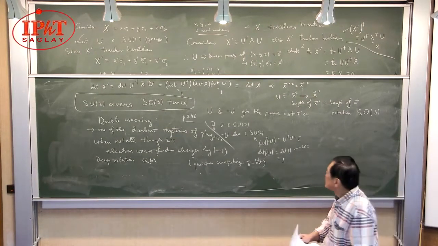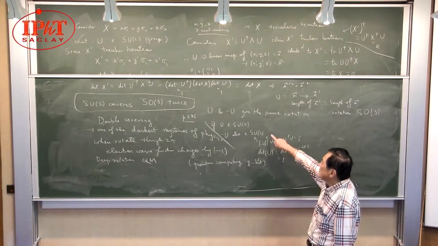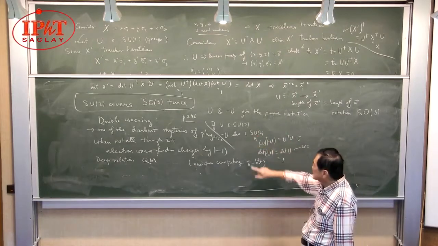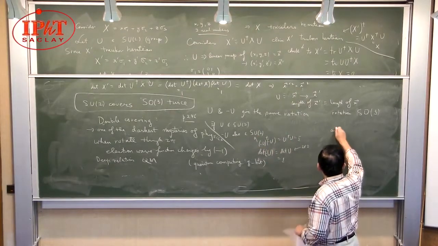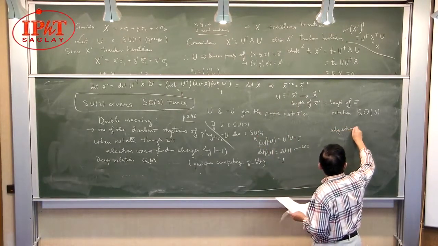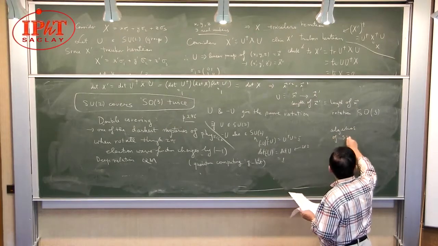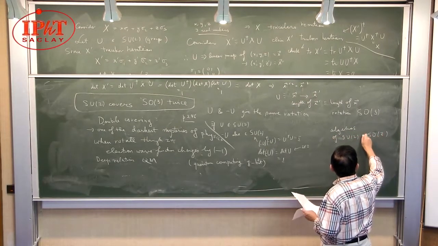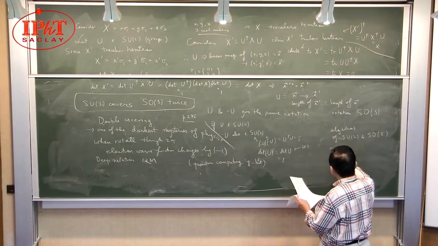Okay, so this shows, by the way, that the two groups are not the same, but the algebras of SU2 and SO3 are isomorphic.